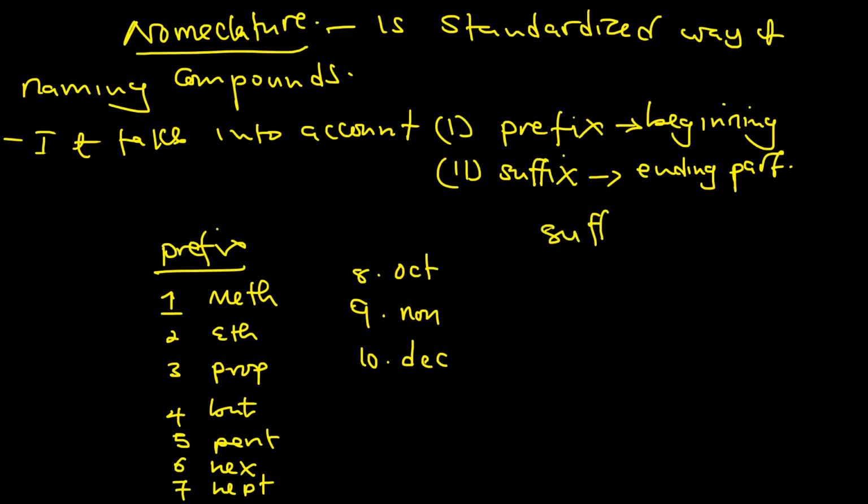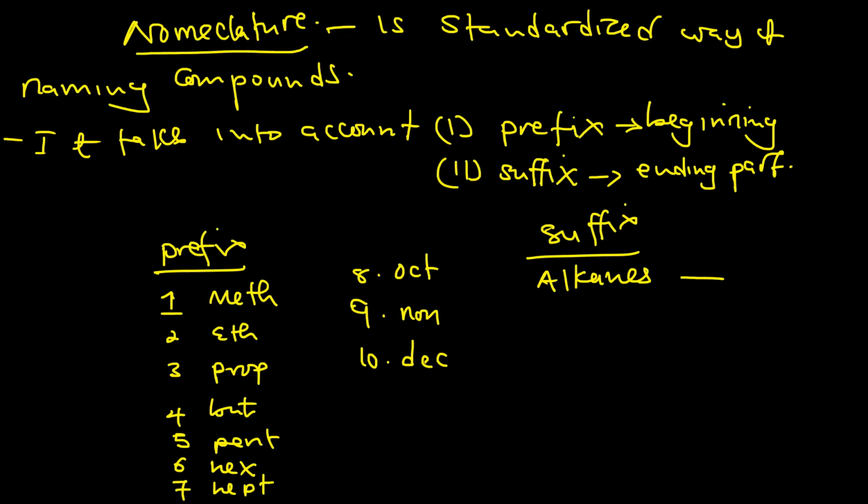Then if we are to look at the suffix, let me put it here so that we can look at examples. The suffix, we said, comes from the family or the homologous series where it belongs. The families that we are going to look at, we said, are alkanes.